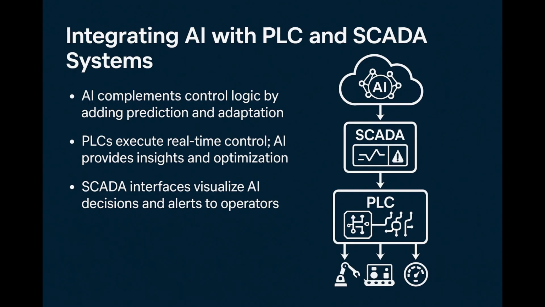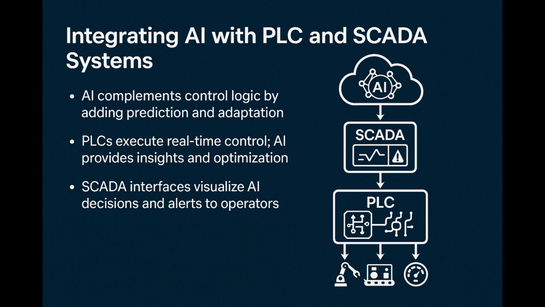For example, an AI model running on an edge device or in the cloud can analyze sensor data, detect anomalies, and send alerts or suggested actions to your SCADA dashboard. In more advanced setups, AI can even send recommended setpoint adjustments to the PLC via OPC UA or MQTT, allowing your system to adapt in real time based on predictive insights.